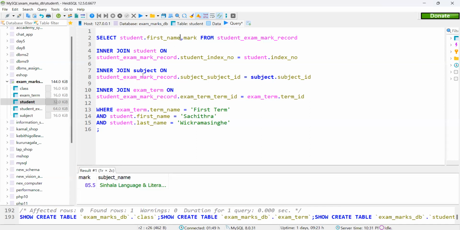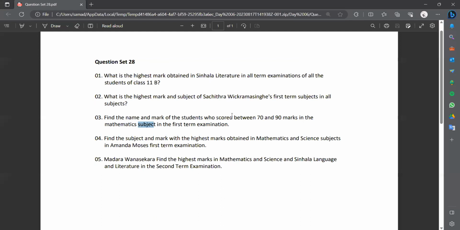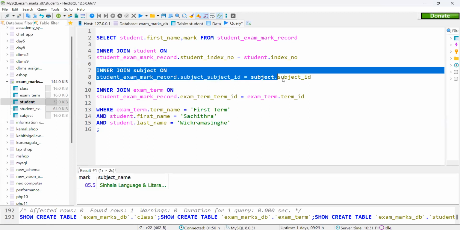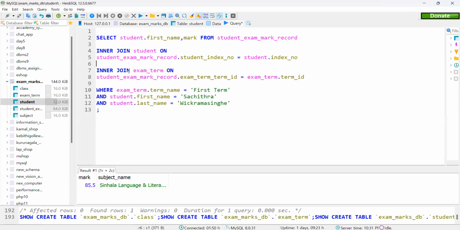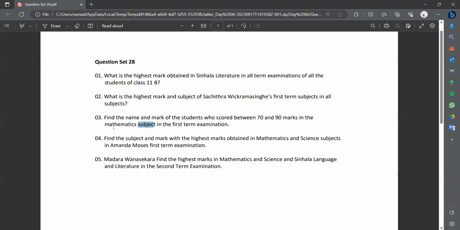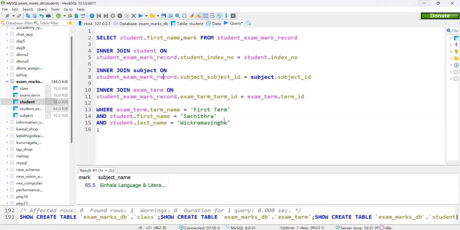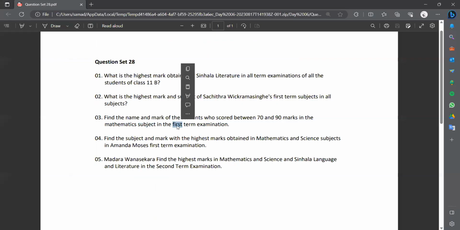We need the term, first term, and also the subject table. Term name is first term and mathematics subject.